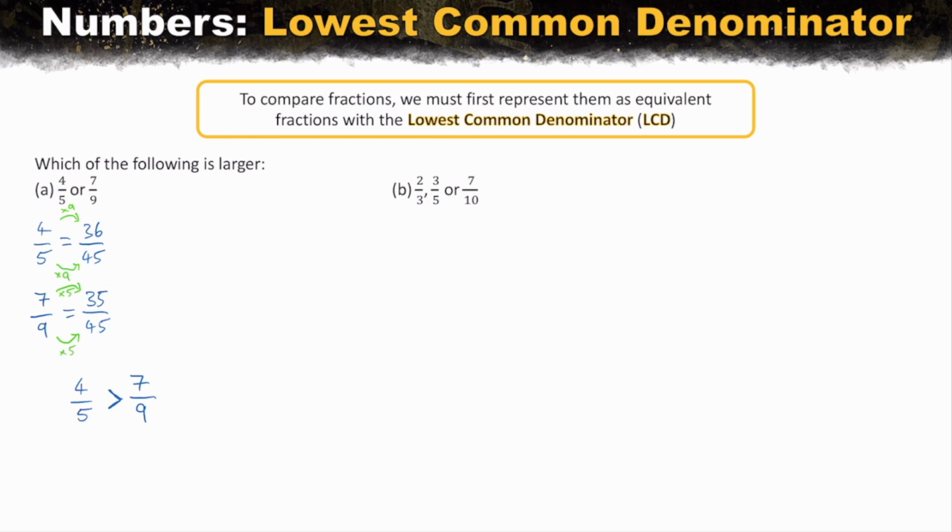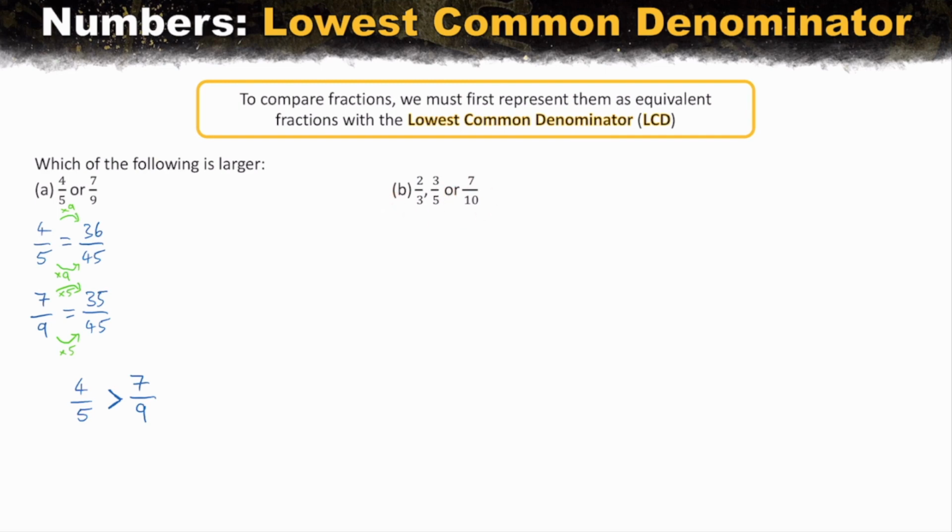Now, how might we do it if we're comparing more than two fractions? All right, because I've got 3 numbers here and I can easily see that I could compare 3/5 against 7/10 with a common denominator of 10 because 5 goes into 10 and 10 goes into 10. However, 3 will not go into 10. So 10 is not the lowest common denominator for all 3 of these values.